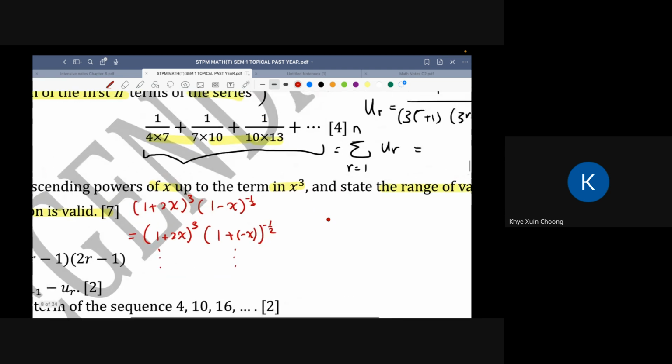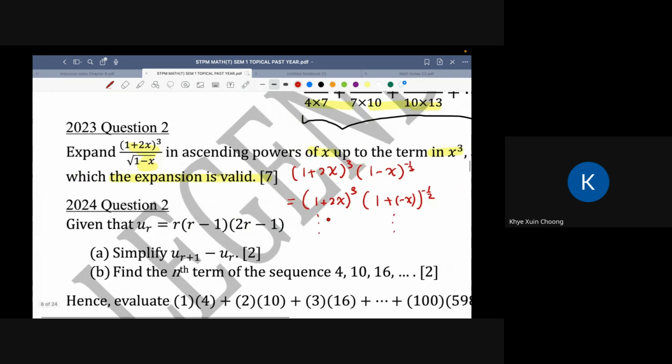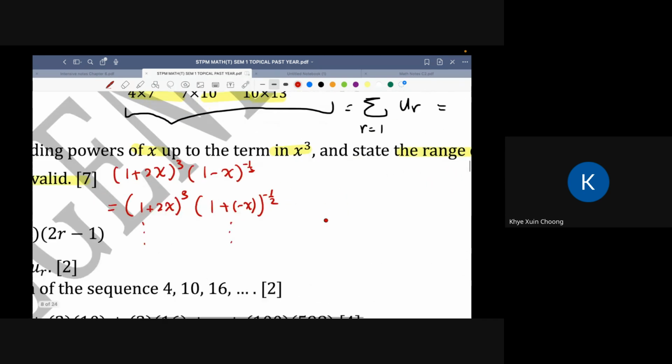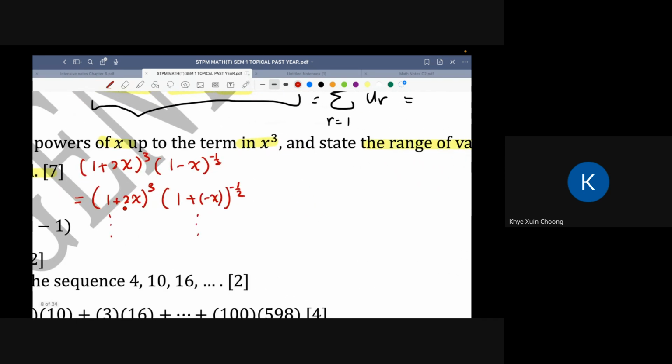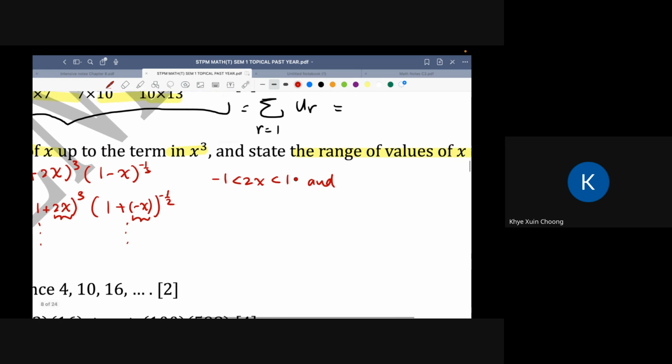Then how do we state the range of values of x for which the expansion is valid? For the expansion to be valid, you need to fulfil the rule that the 2x over here must be between -1 and 1, and because you want both to be valid, you must use 'and'. You find the intersection. Negative x must also be between -1 and 1.